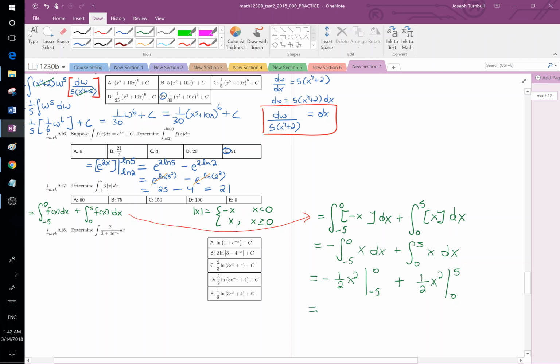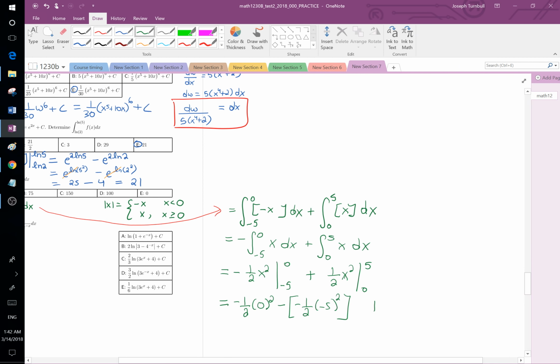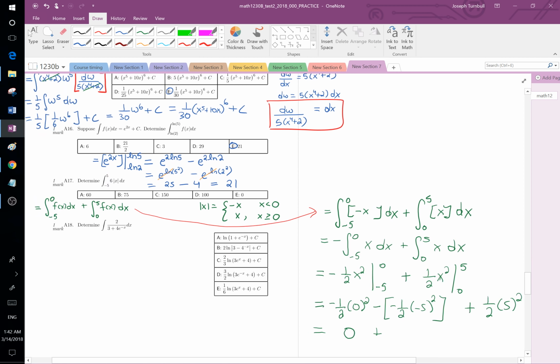Now plug in the bounds. Negative 1/2 of 0 squared minus negative 1/2 of negative 5 squared. It's a lot of negative signs. And then plus 1/2 times 5 squared and minus 1/2 times 0 squared. 0 plus, were these 5s or what were they?